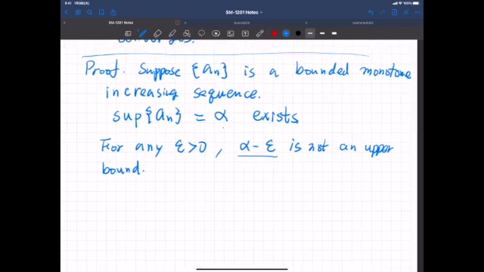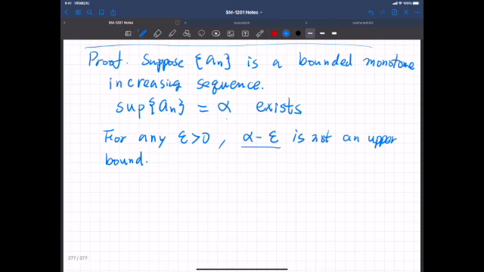So this means there exists a natural number N such that alpha minus epsilon is less than a_N. Because alpha minus epsilon is not an upper bound, there is some element of this sequence that is greater than this value. That's what it means to be not an upper bound.